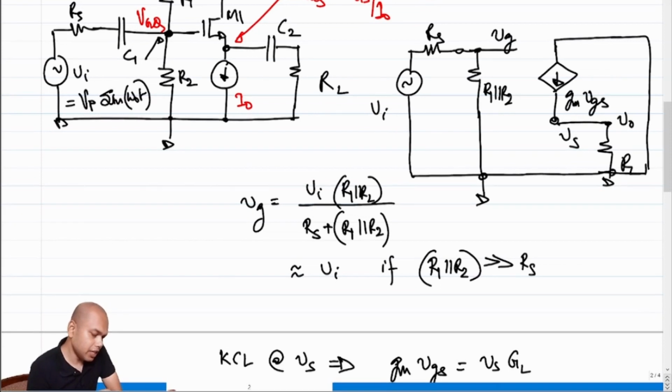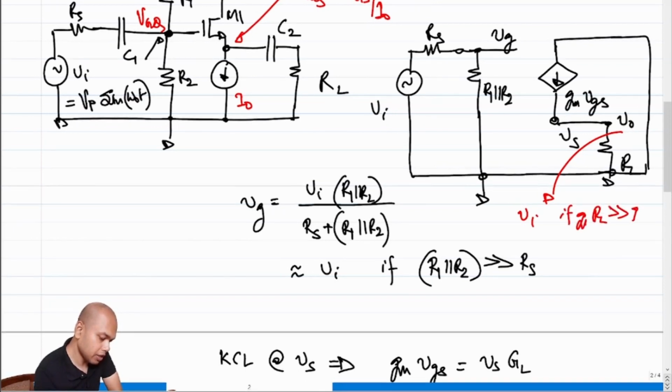If we honor the condition of GmRL to be much greater than 1, what do you think the value of Vs or V0 would have been? Vs or V0 would have been equal to Vi, right? So this voltage would have been equal to Vi if GmRL was much greater than 1, right?